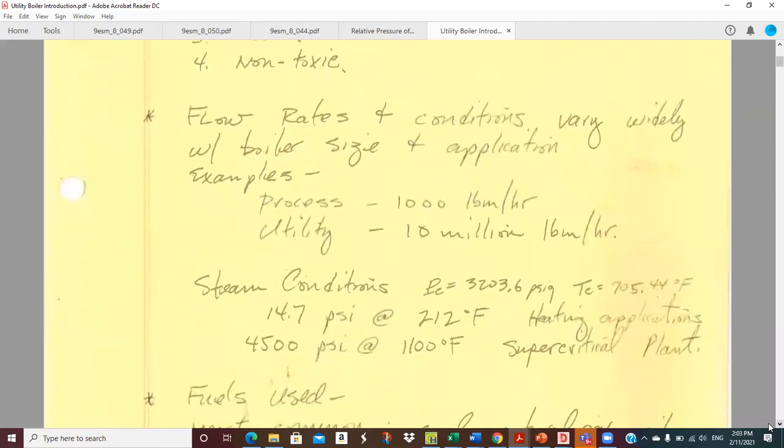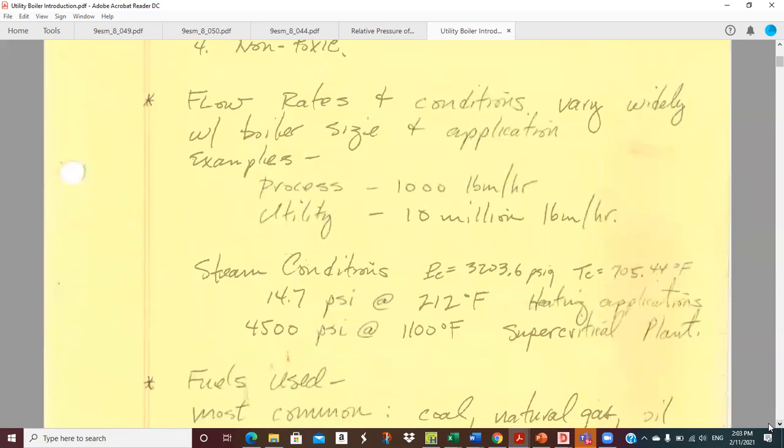Flow rates, as far as steam, you can buy little bitty process boilers, small, 500 to 1,000 pounds an hour, or you can go up to like TVA at their biggest power plants, outside of Clarksville. Can't think of the name of it right now.